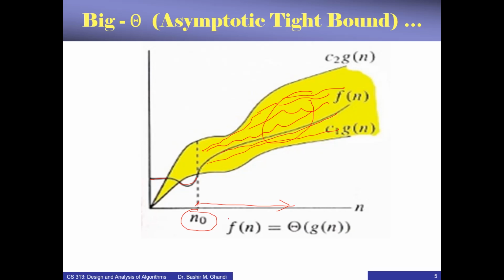All right. So fn is theta of gn if we can find constants c1, c2, which must be positive numbers, and n naught, which can be 0. So n naught can be here actually, but it cannot be negative, such that fn is going to be between these two functions, c1 gn and c2 gn.